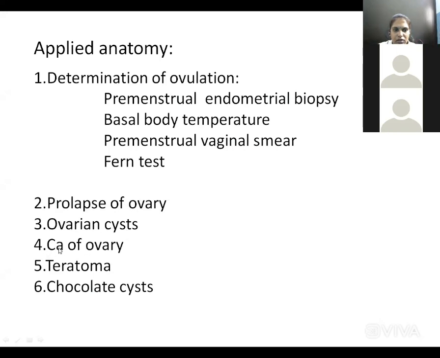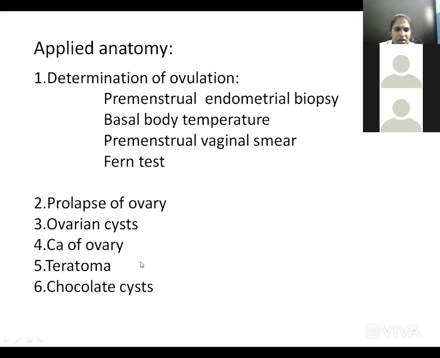Next one is carcinoma of ovary. It is a common carcinoma which occurs in women. So you should know about the carcinoma of ovary too, and it causes bulging anteroposterior. Teratoma, that means in the ovaries germ cells are present which are pluripotent.